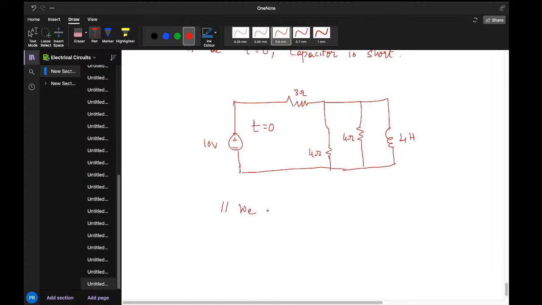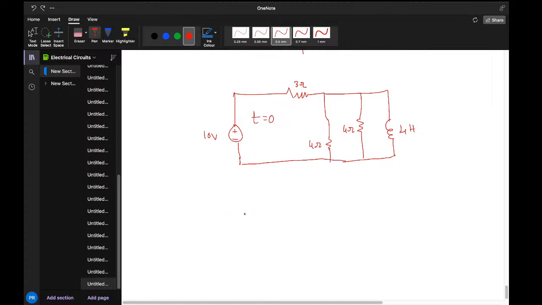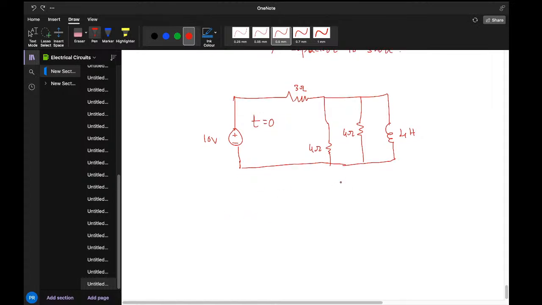So before we get to that, to make things clear, let's try simplifying the circuit. Out here the net resistance is this part of the circuit: 1 by R net is equal to 1 over 4 plus 1 over 4.